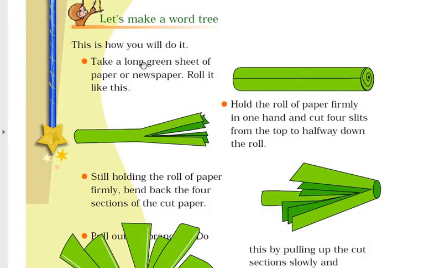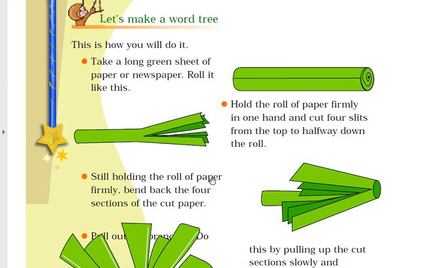And here let's make a word tree. This is how you will do it. You have to take a long green sheet of paper or newspaper. You have to roll it like this, then hold the roll of the paper firmly, very strongly. You have to hold it in one hand and cut 4 slits from top, as it is shown over here, to halfway down the roll.